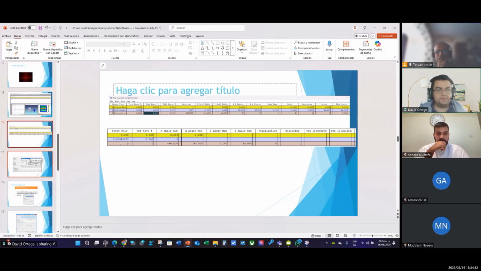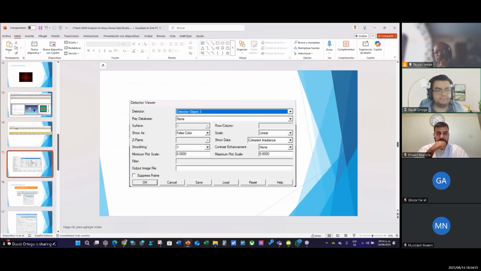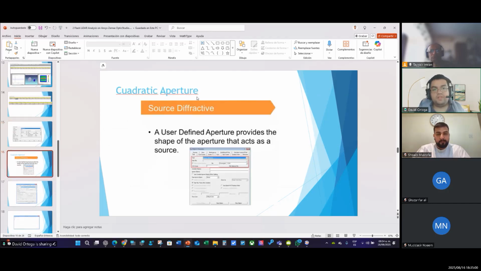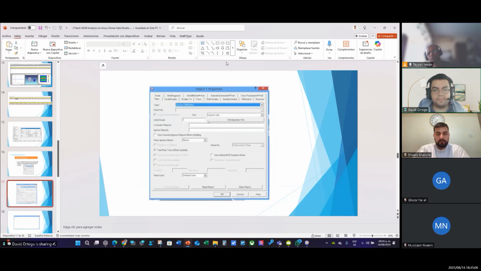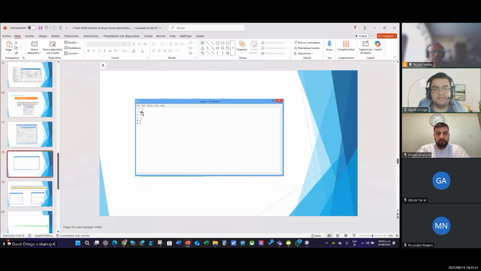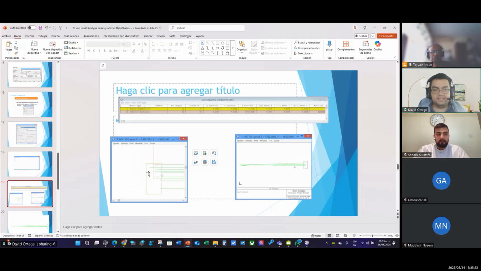Another type of diffraction grating that I did was a quadratic aperture. In this case, you can define the size of the quadratic aperture that you're going to use for the diffraction grating. And then you can see this in the 3D layout, with the form that you previously defined.